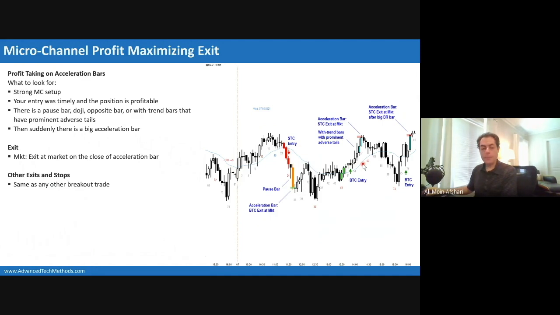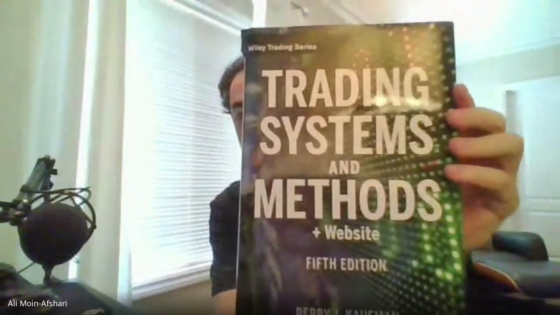Right. So there is a very famous book, one of the big books in trading. It's called Trading Systems and Methods by Harry J. Kaufman. If you're doing any kind of programming for trading, you have to read this cover to cover, by the way.